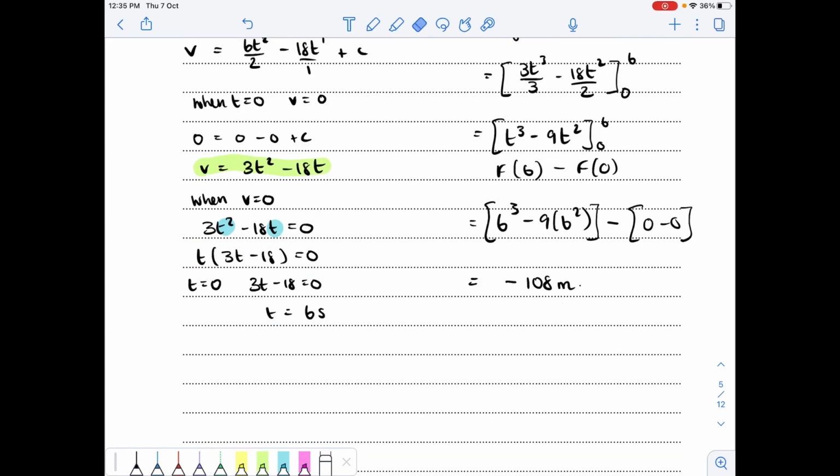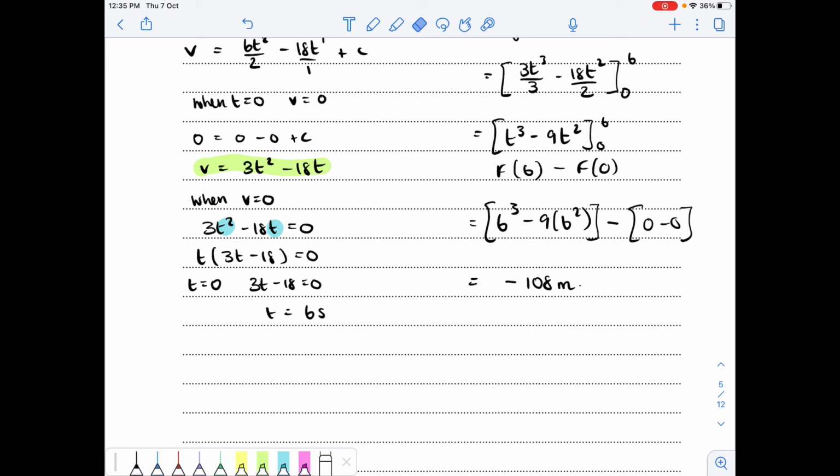meters. So we end up with this negative displacement. Does it mean we've done something wrong? No. Remember, displacement is a vector, so negative displacement just means we've gone in the opposite direction, away from where we started.